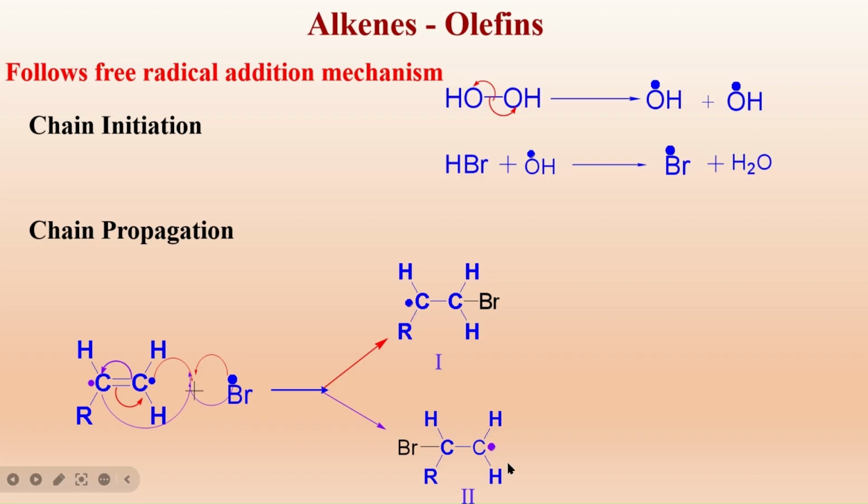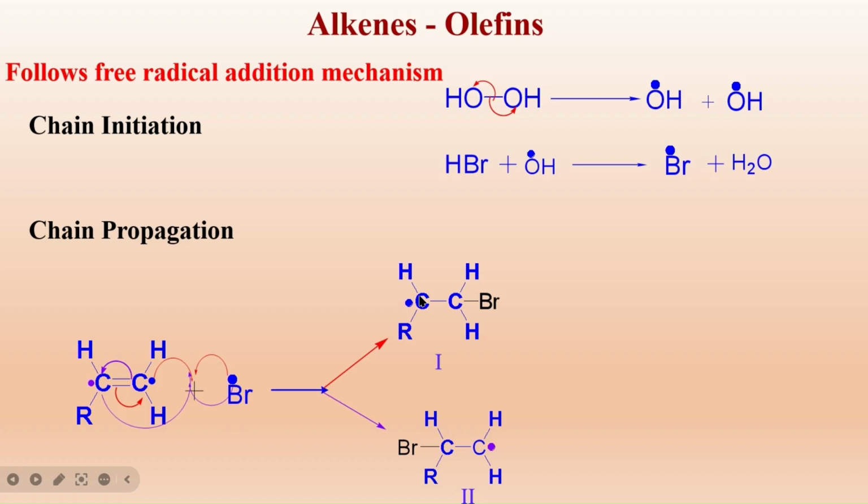Both possibilities are equal. Why? Because the electrons can move either towards this carbon or towards this carbon because of homolytic cleavage. The pi bond has got broken. And if you see, this is a secondary free radical.